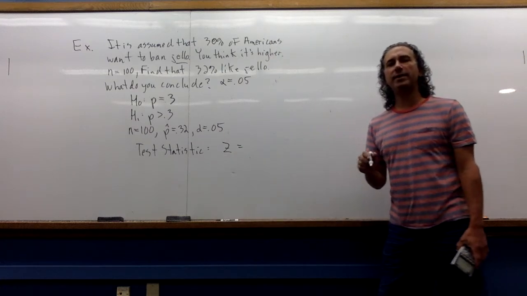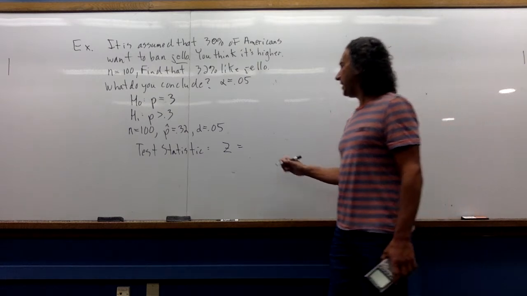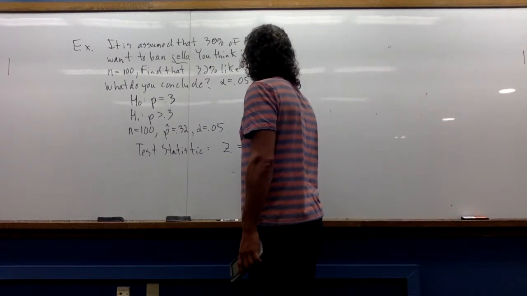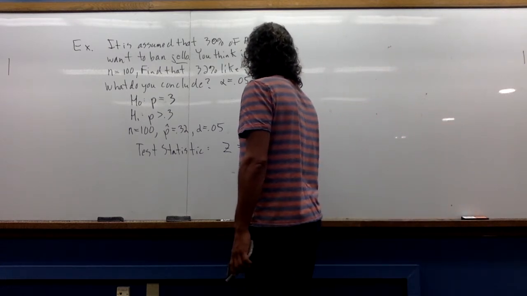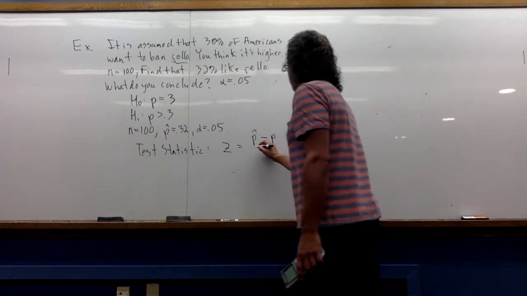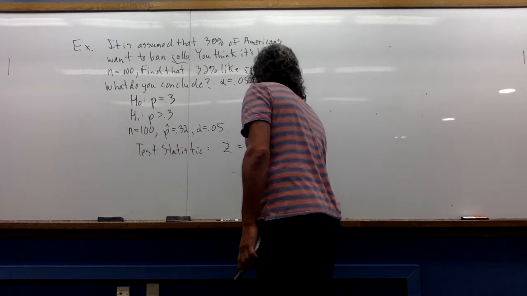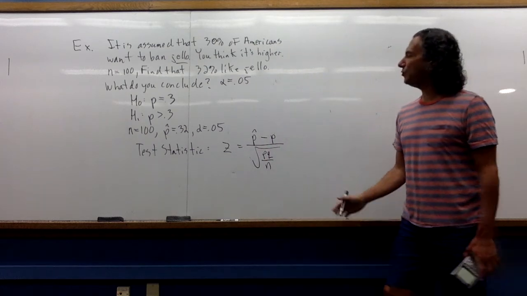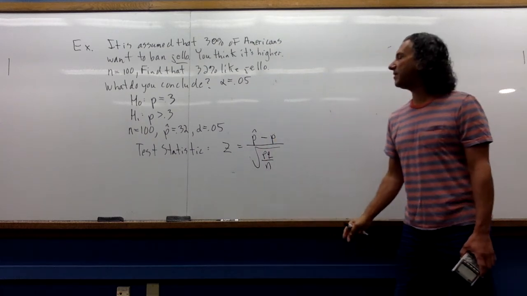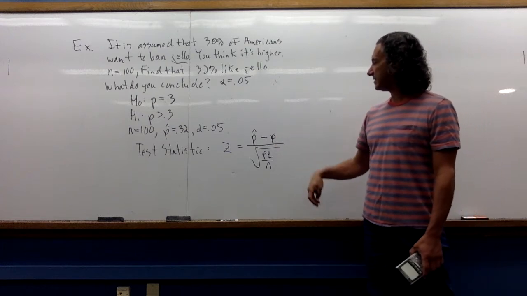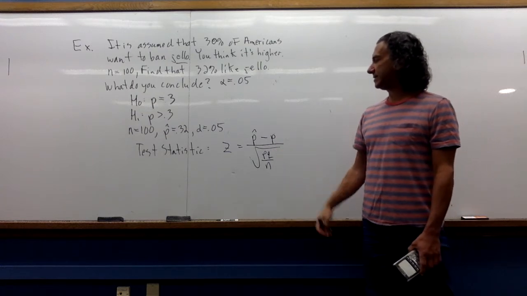We've seen it when we were looking at confidence intervals. It's just P hat, the sample proportion, minus P over the square root of PQ over N. Here I'm using the Bernoulli on a given observation. This is its expected value. This is its variance.